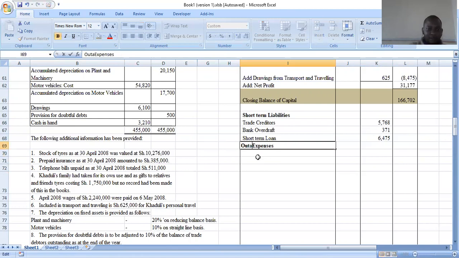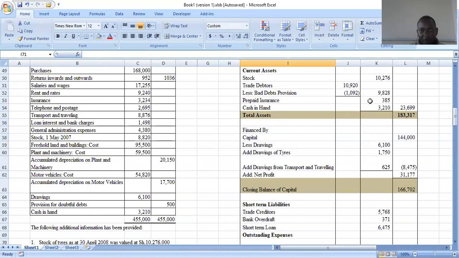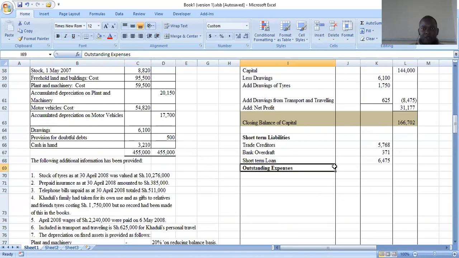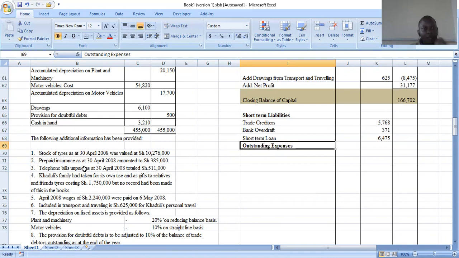Prepaid expenses should be treated as current assets, and I think I listed one here, the prepaid insurance. So outstanding expenses should be treated as current liabilities. We have one here that is telephone bills.